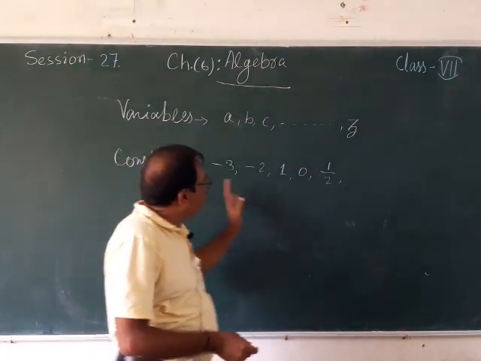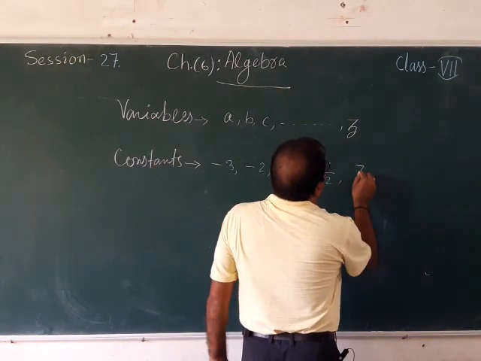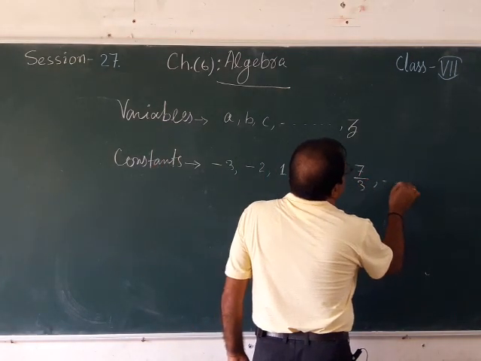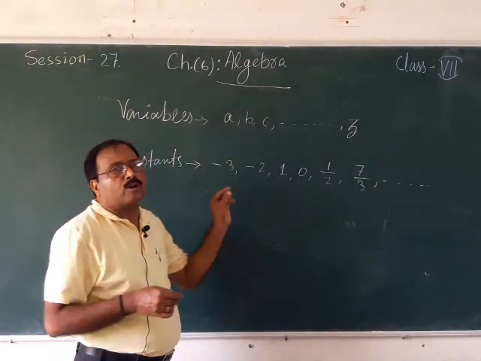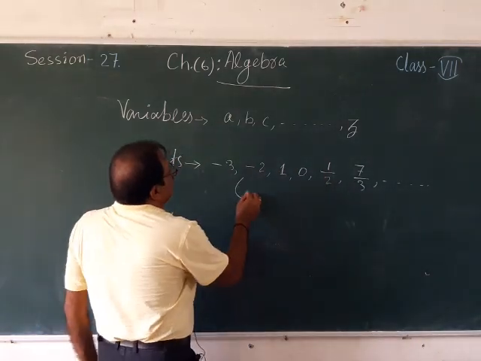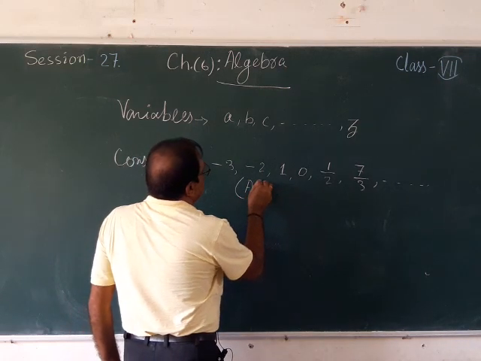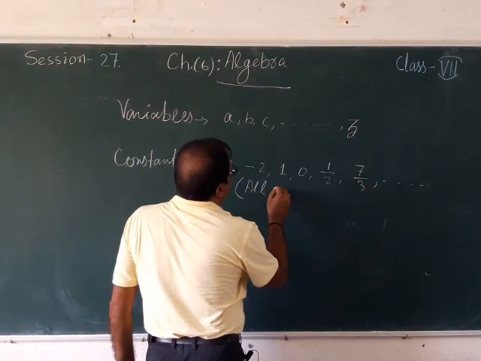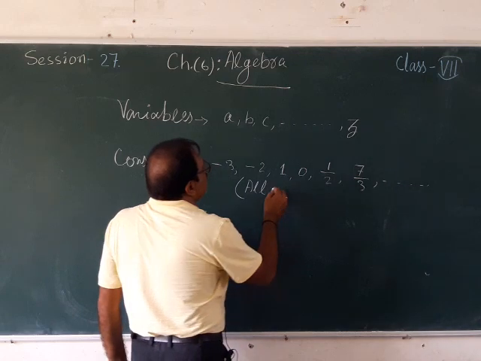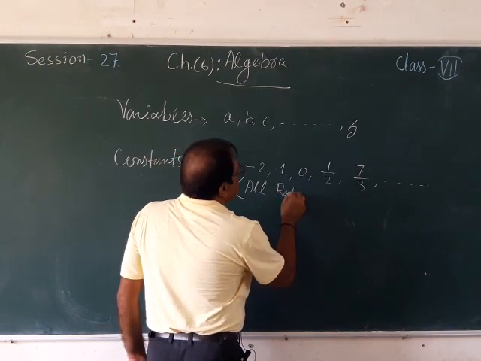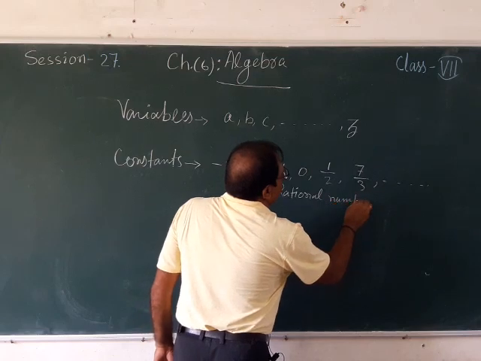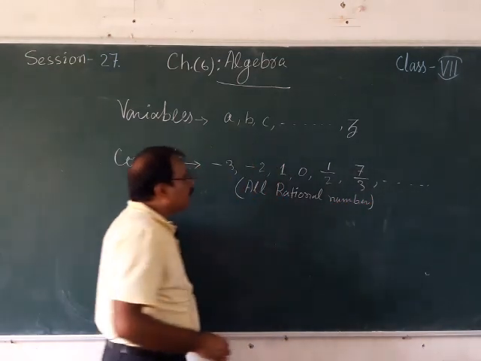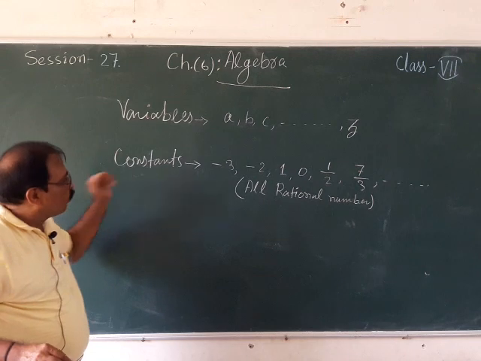Constant means all arithmetical numbers, all numbers. You can say all real numbers. Wherever there is any number, all the numbers are constants.